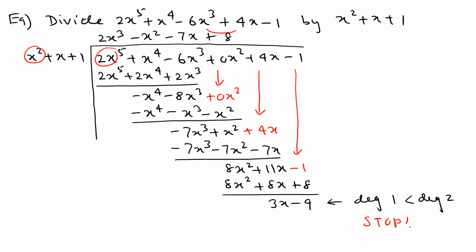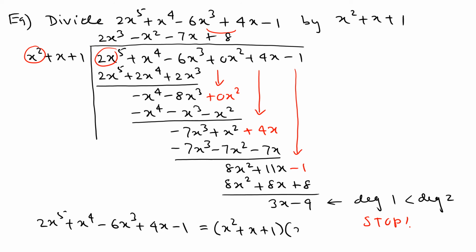So that means we can write the solution now. In this case we can write this as 2x to the 5th power plus x to the 4th minus 6x cubed plus 4x minus 1 equal to, if we divide by x squared plus x plus 1, the quotient is 2x cubed minus x squared minus 7x plus 8.